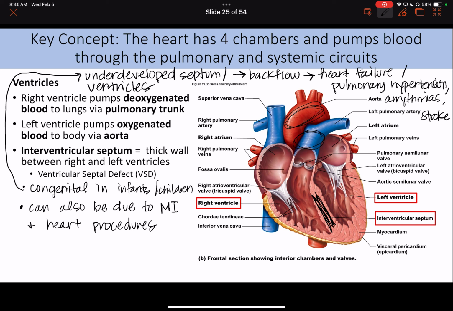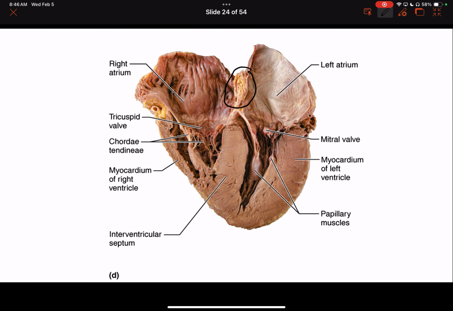So any questions about the ventricles or ventricular septal defect? Yeah. The interatrial septum? On this diagram, you can't see it because the pulmonary trunk and the pulmonary semilunar valves are hiding it. So you can only see it on this picture that I have of an actual heart. So you can see the wall in between.